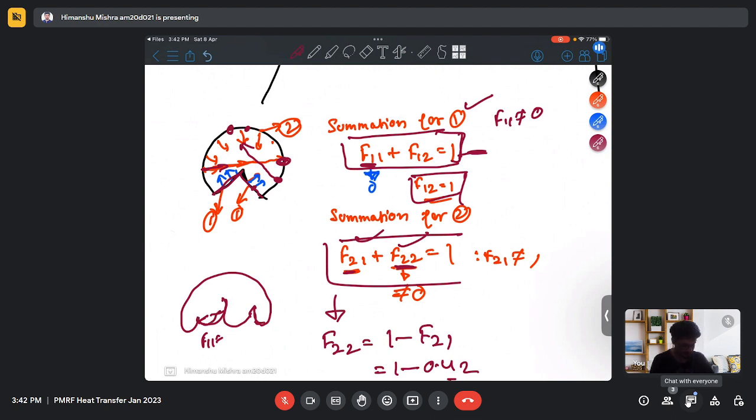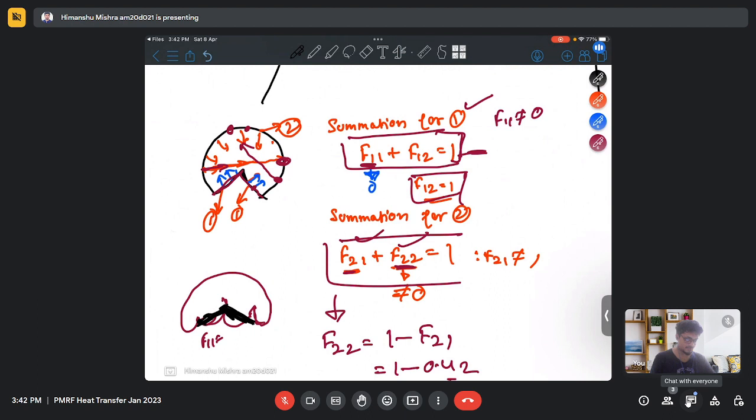That means whatever radiation comes out from this surface 1 will fall on surface 1. So in that case it can be non-zero, but my surface 1 is flat, which says that it is not falling back on the straight surface. It is not possible to fall back on a straight surface.